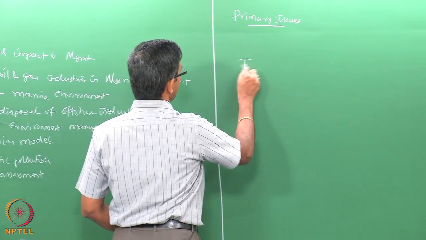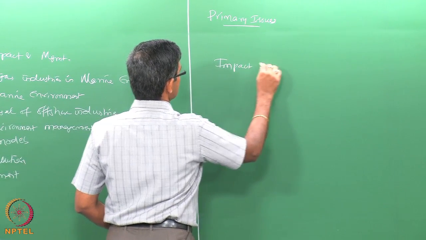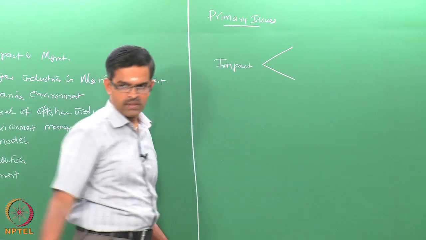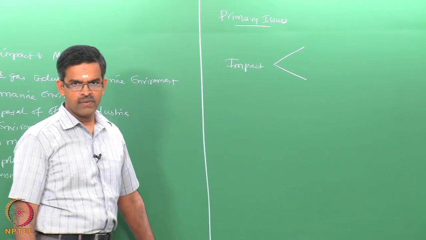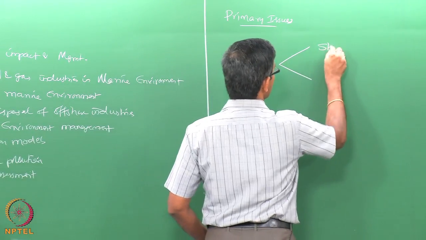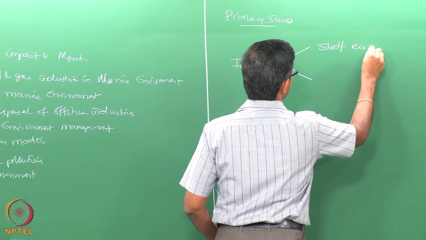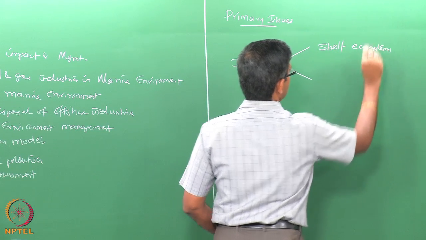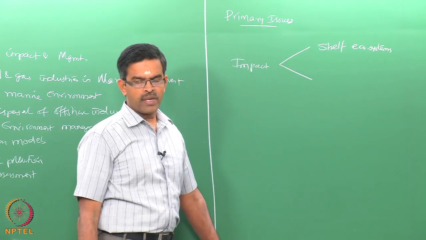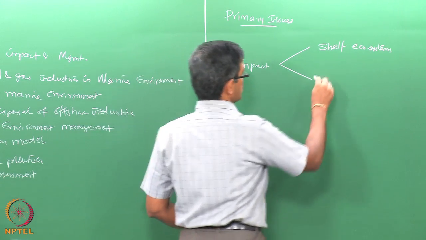So, there is a huge impact which is caused on 2 sectors by oil and gas industries. One is on the shelf ecosystems, the other is on the marine biological resources.